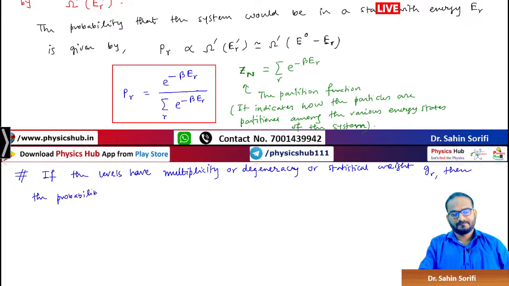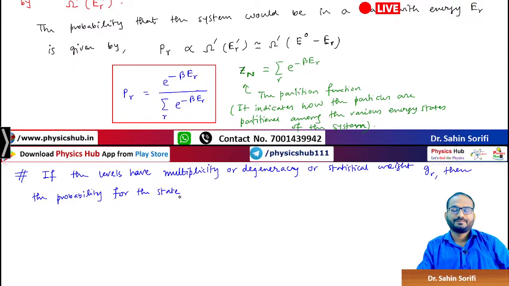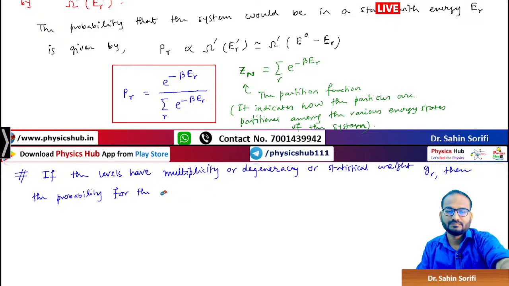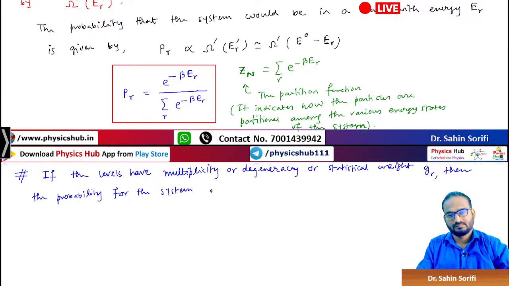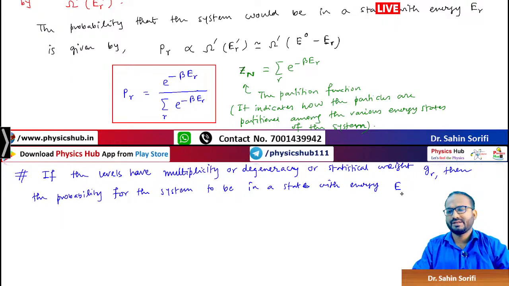for the system to be in a state with energy, let's say, instead of ER we can also write EI.